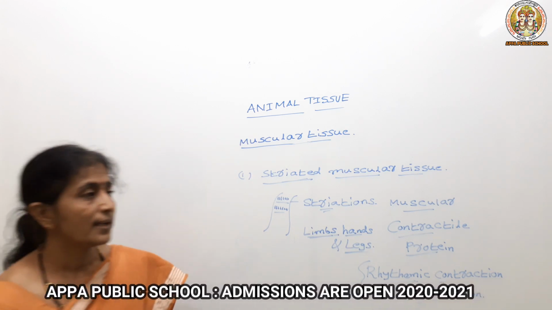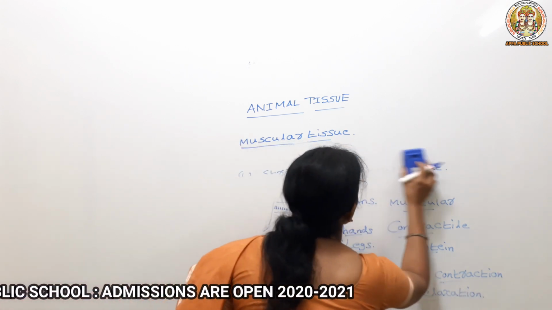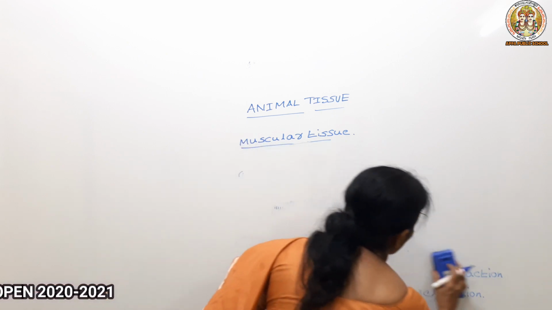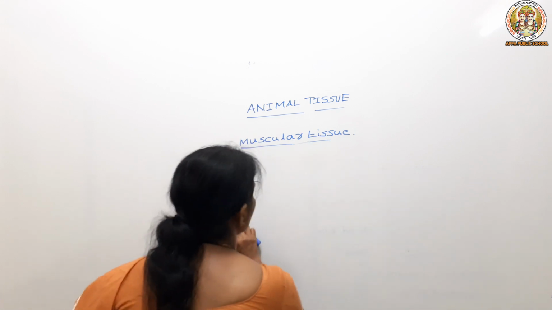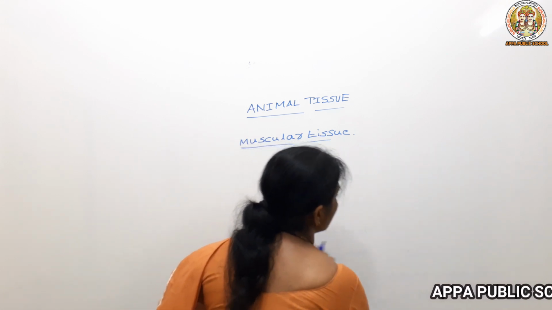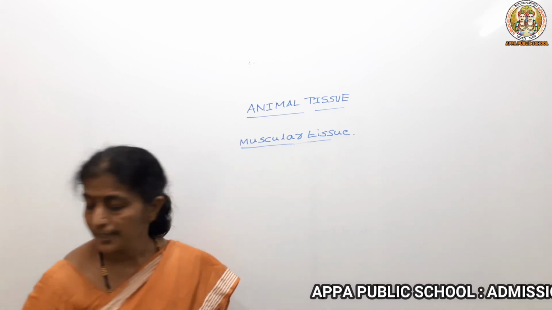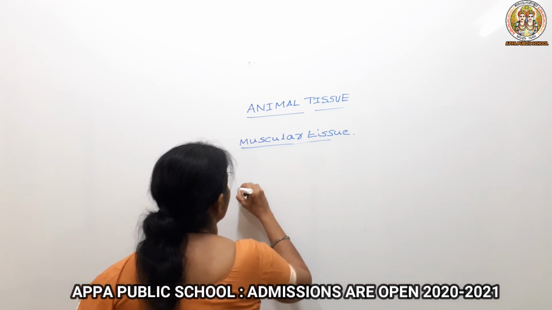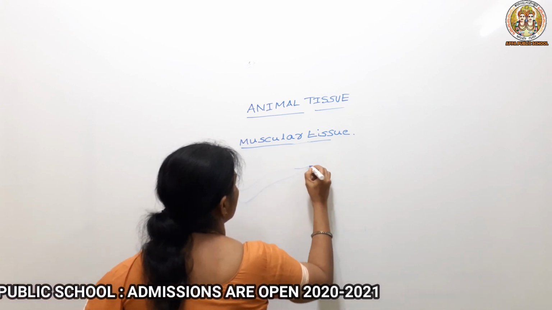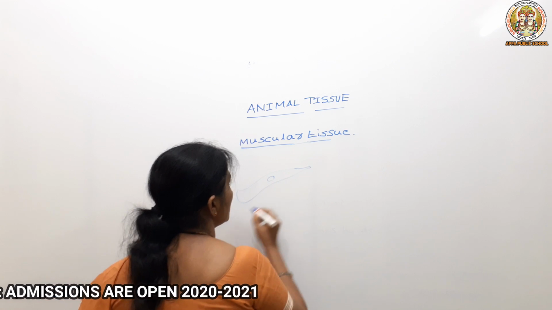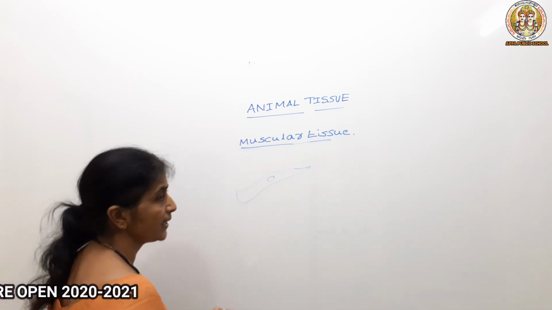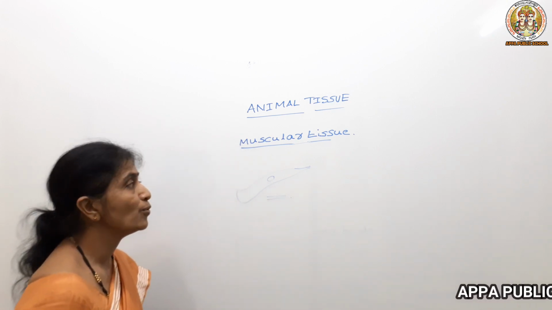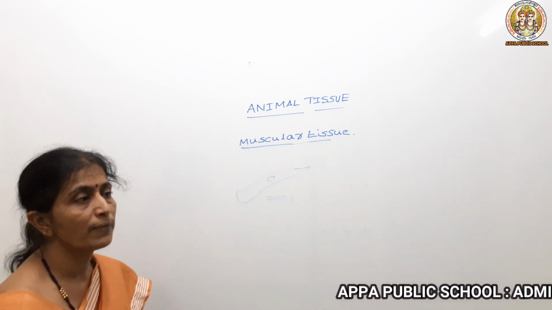Let us move to the next one, the involuntary or smooth muscular tissue. It is called smooth because it does not have any striations. You can see the spindle shaped structure, but striations are absent, and it is called involuntary, which means we cannot move these muscles according to our will.